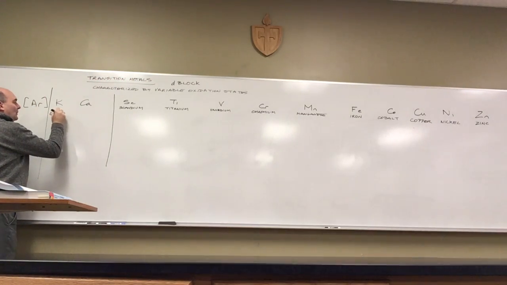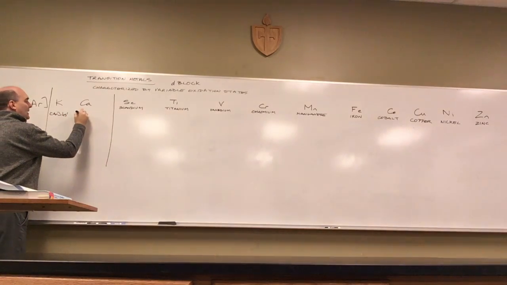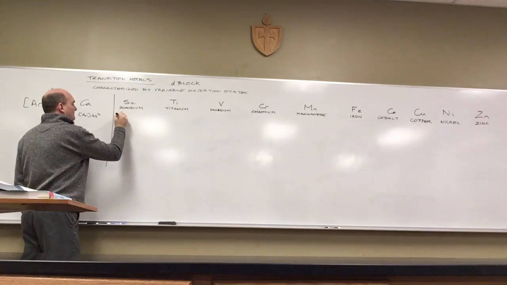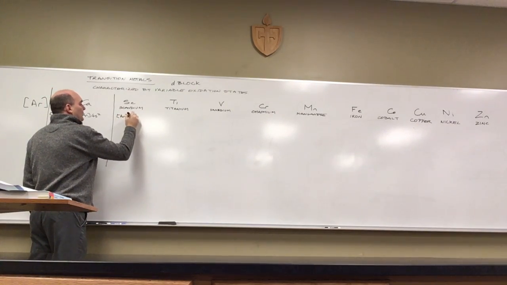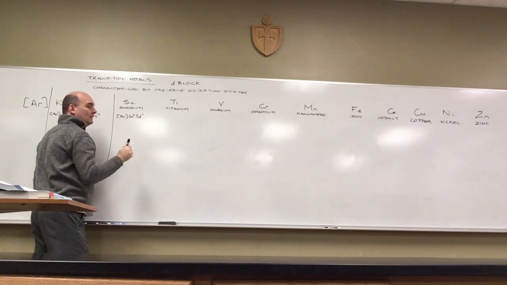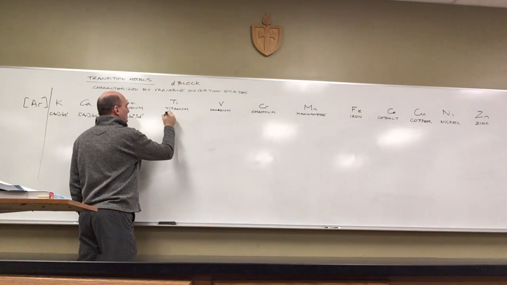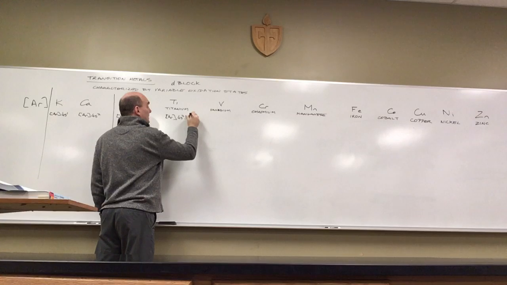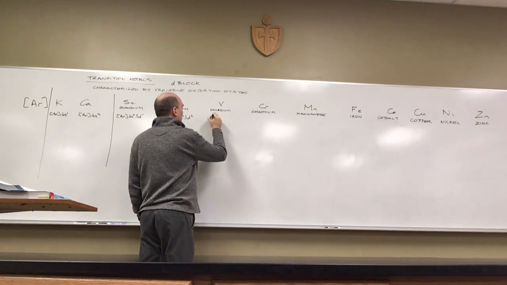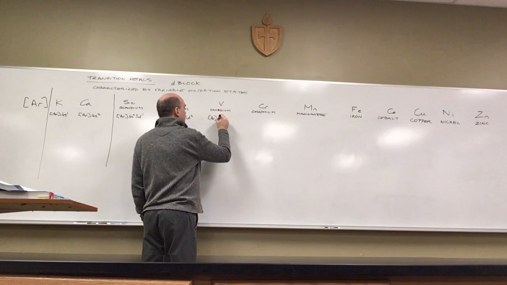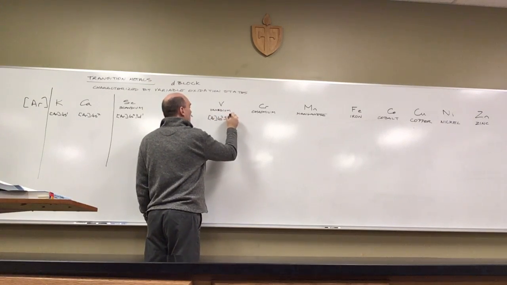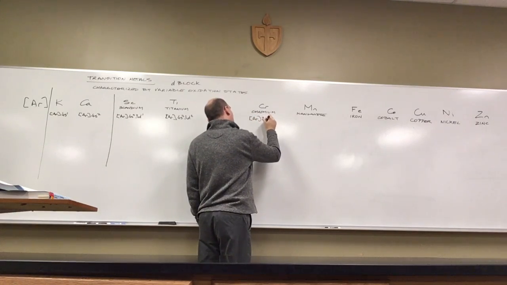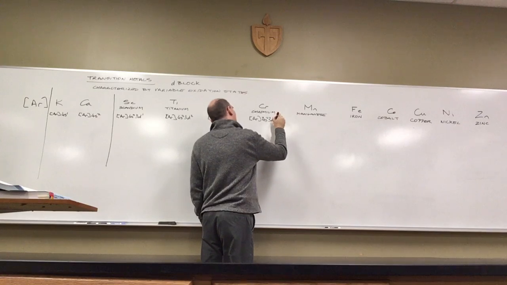So for the elements, we go 4s2, 4s2 3d1. I wouldn't be writing this out if there wasn't a point.